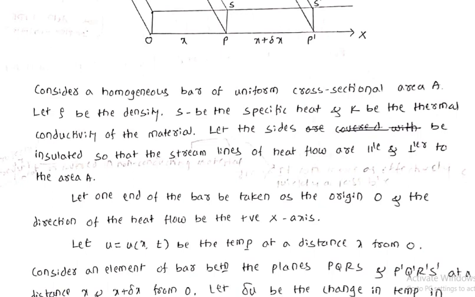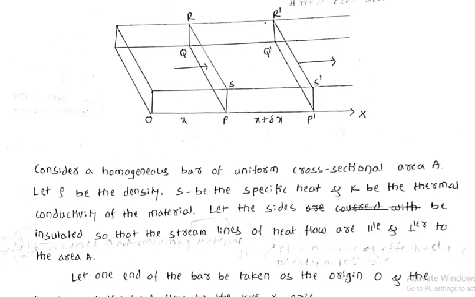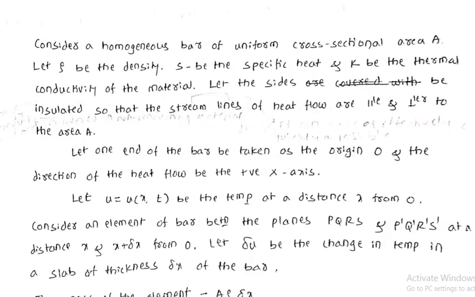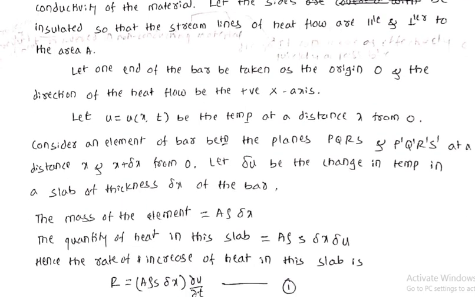The distance from O to the first cross section is x, and the second cross section, P to P dash, is at distance x plus delta x. And delta U is the change in temperature in a slab of thickness delta x of the bar.